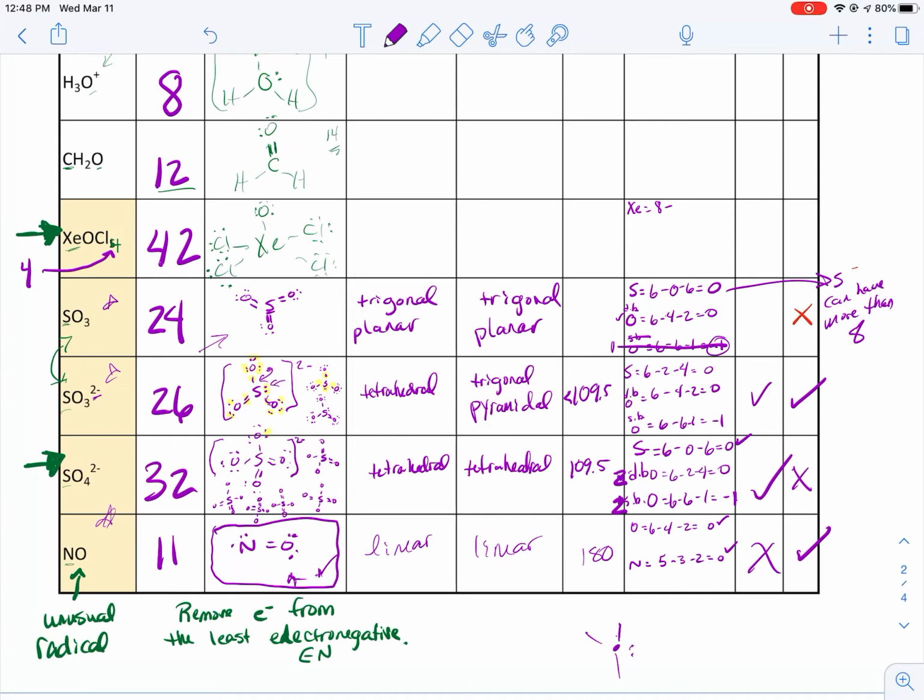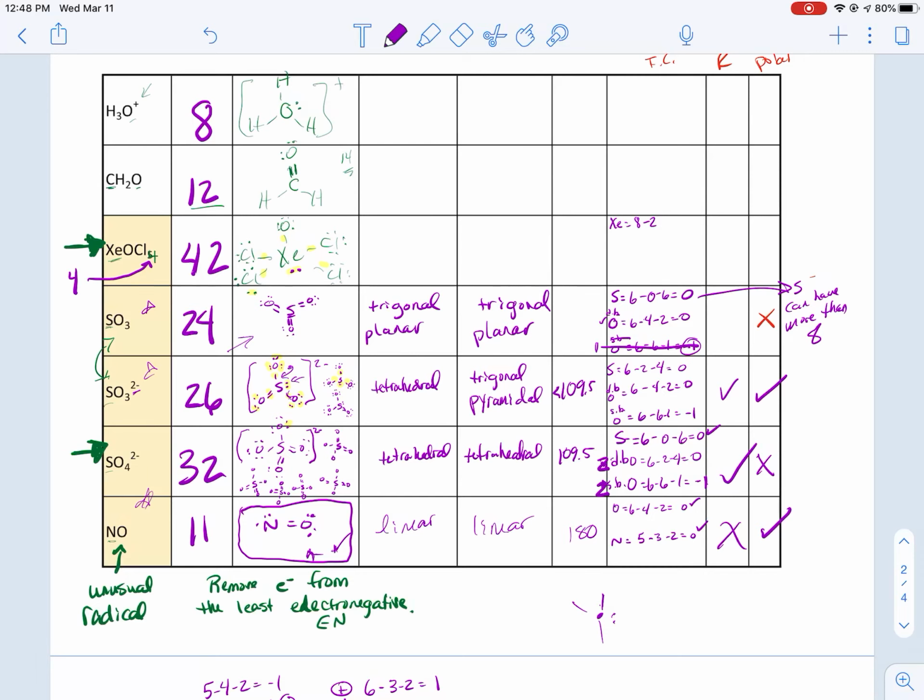Wait, I think I left a lone pair off of xenon when I was drawing this one. Let's just double check the lone pairs. 2, 4, 6, 8, 10, 12, 14, 16, 18, 20, 22, 24, 26, 28, 30, 32, 34, 36, 38, 40, 42. So we got our 42 now.